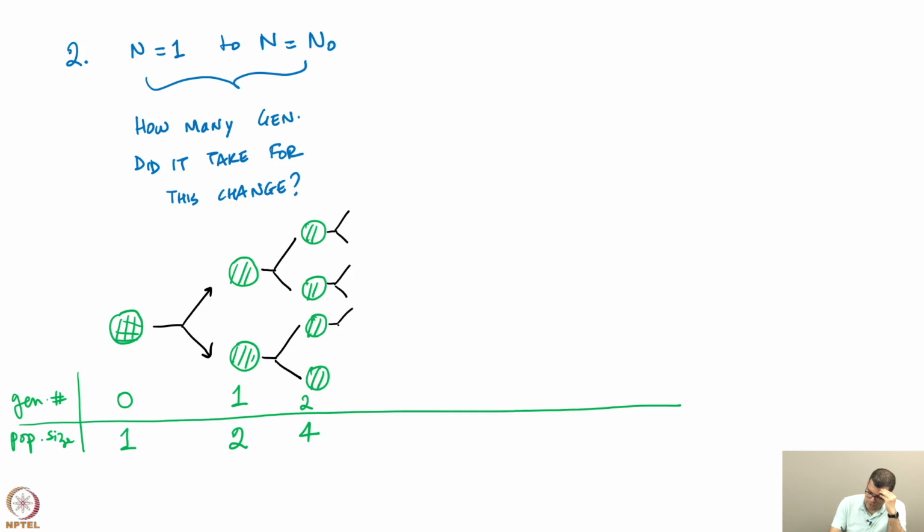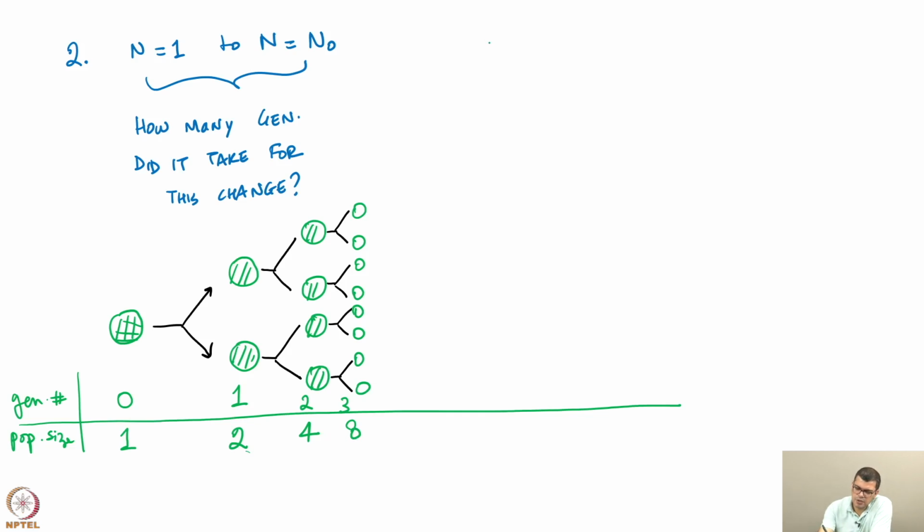So, after the third generation, we get 8 individuals. And as you can see, what is happening is that with every generation, the number of individuals in the population is simply doubling.